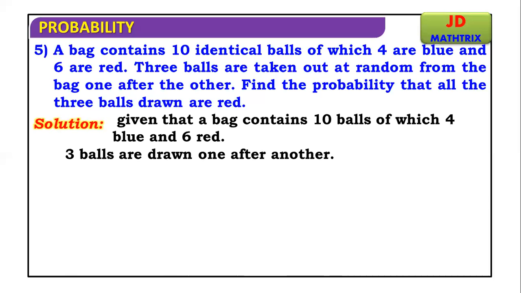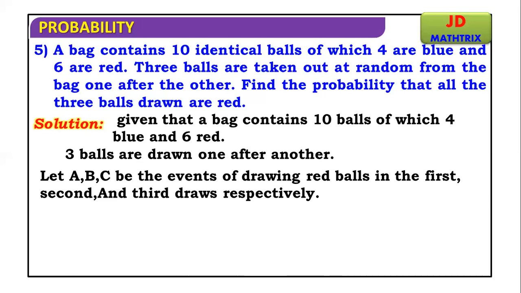So 3 balls are drawn one after the other. Now we will have 2 cases. So for that, let us define the events. Let A, B, C be the events of drawing red balls in the first, second and third draws respectively.